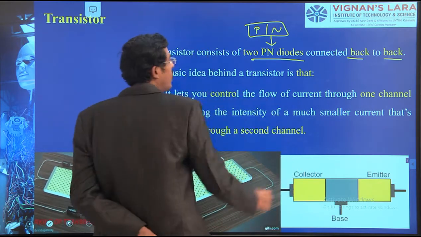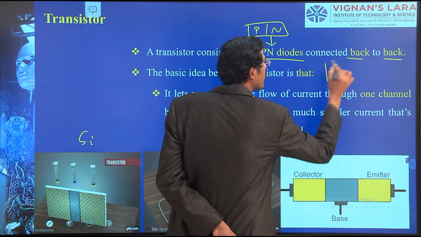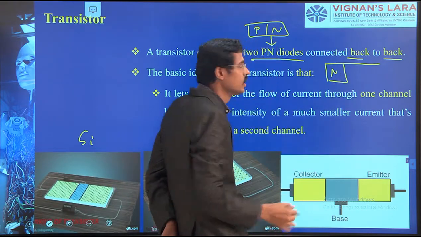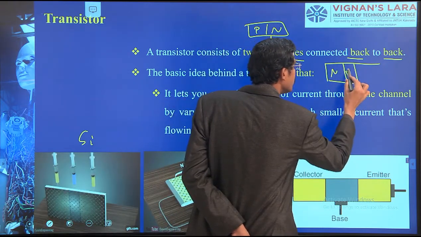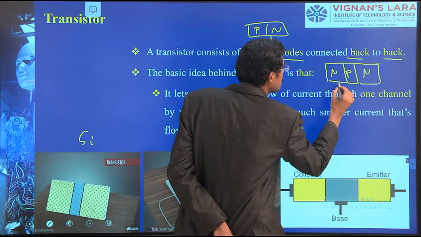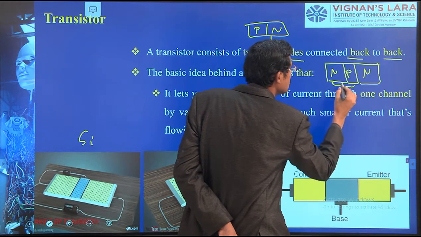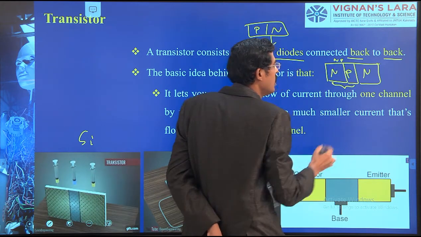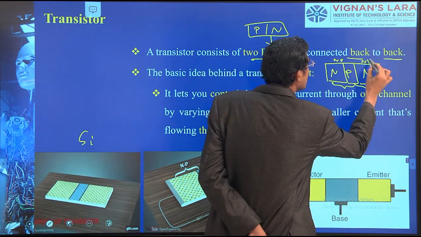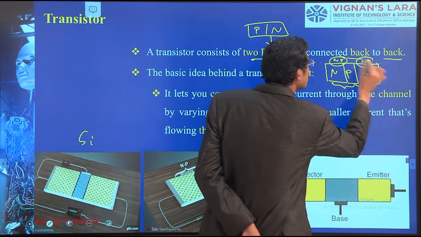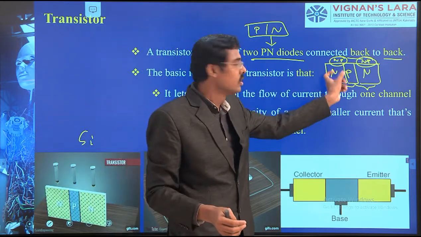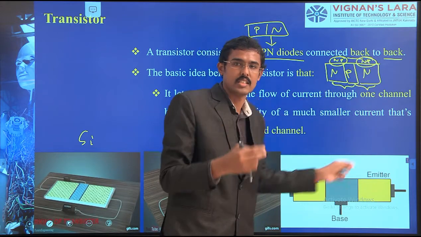What is this back to back? I have taken one N, then one P, and again back to back one more N. So this one causes one NP junction, and this causes one more NP junction. So there are two. Back to back, I have taken the combination: this one NP junction and another second junction.